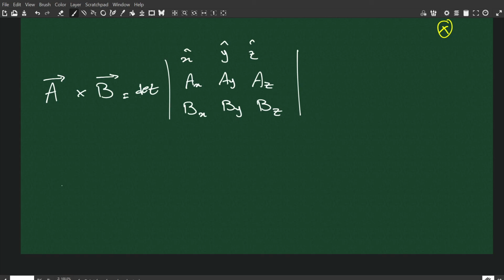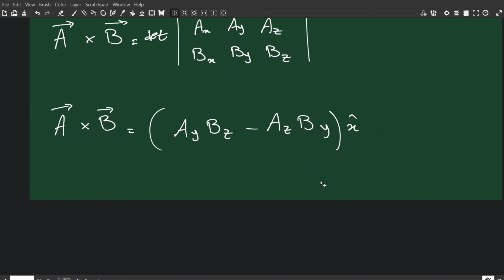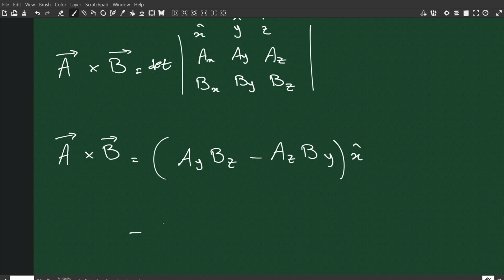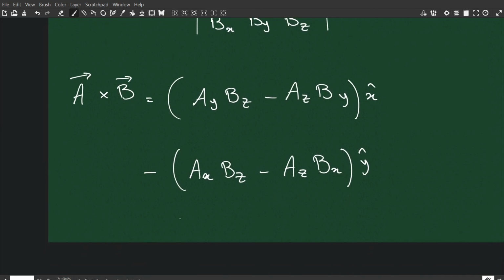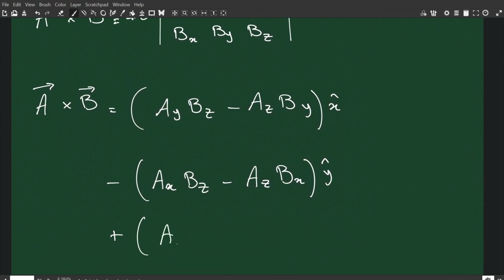But to do this, you can prove that A cross B is equal to AY BZ minus AZ BY times x hat, minus AX BZ minus AZ BX times y hat, plus AX BY minus AY BX times z hat.